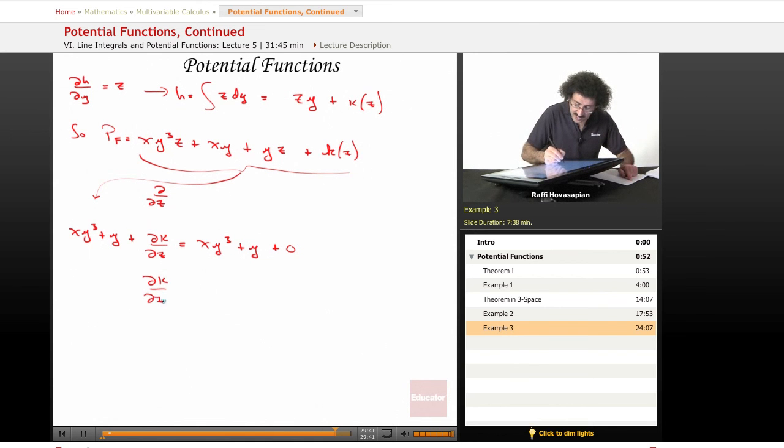Therefore, dk dz equals 0, which implies that k equals some constant, which we can always take to be 0.